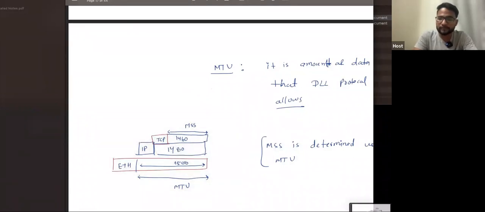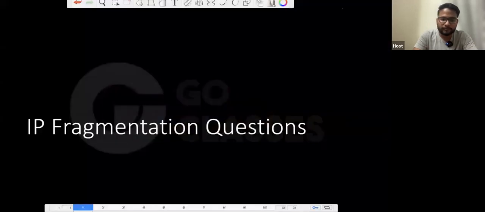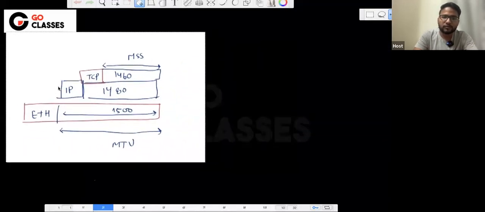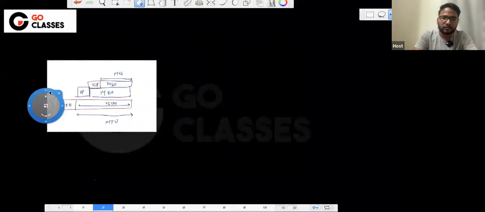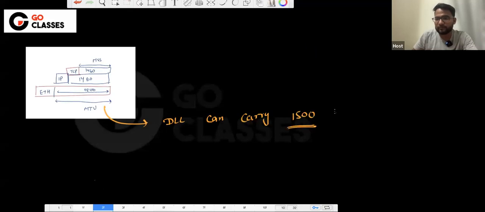Suppose that I say MTU is 1500, then what does this mean? It means that the data link layer can carry 1500 bytes of data in its frame.